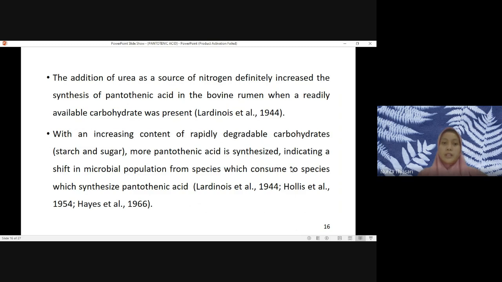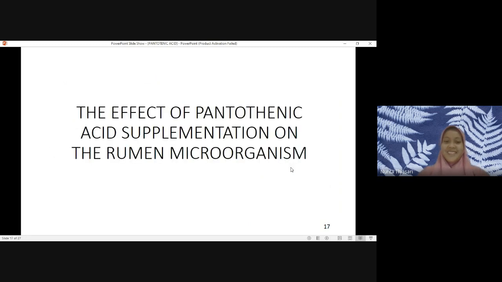With an increasing content of rapidly degradable carbohydrates such as sugar and starch, more pantothenic acid is synthesized, indicating a shift in microbial population from species which consume to species which synthesize pantothenic acid. We move to the next one, the effect of pantothenic acid supplementation on the rumen microorganism.